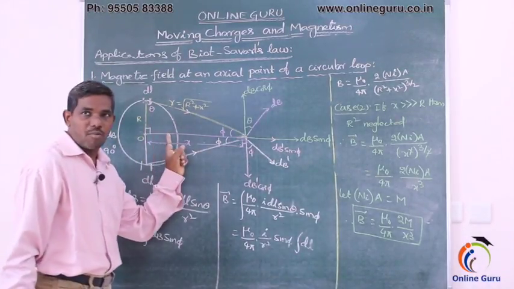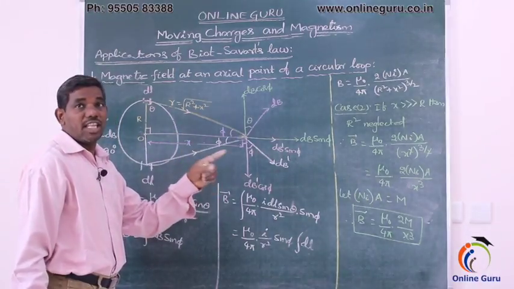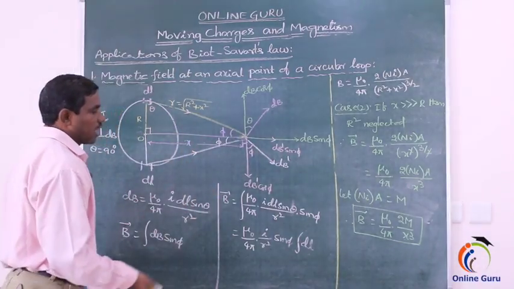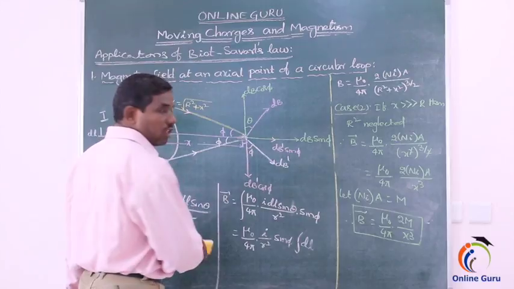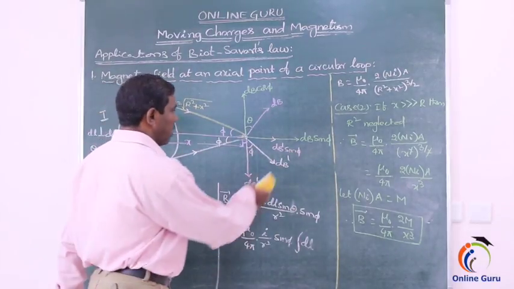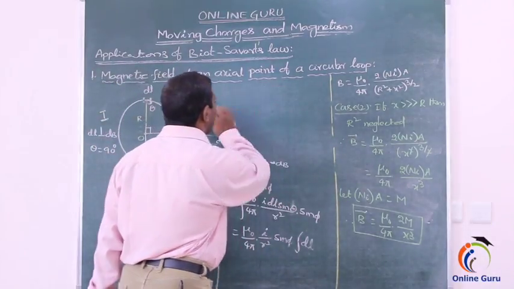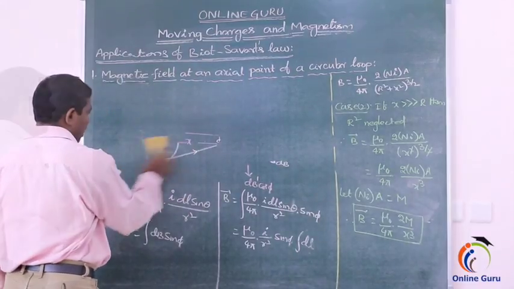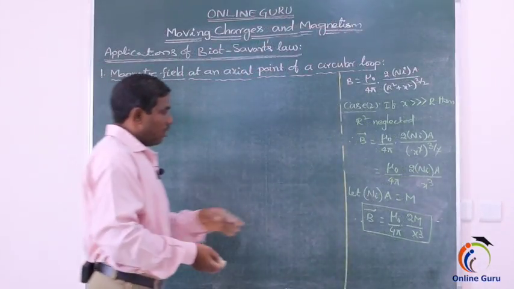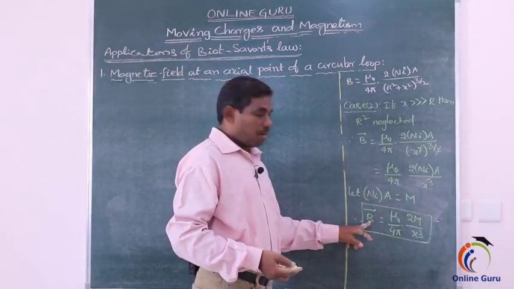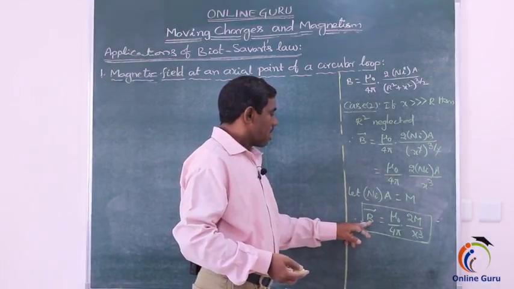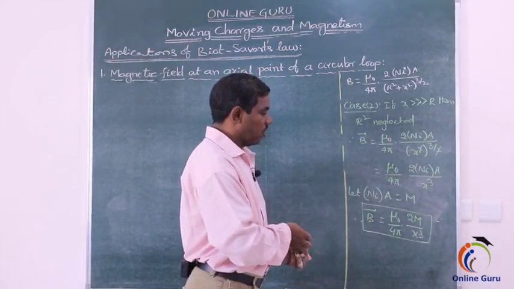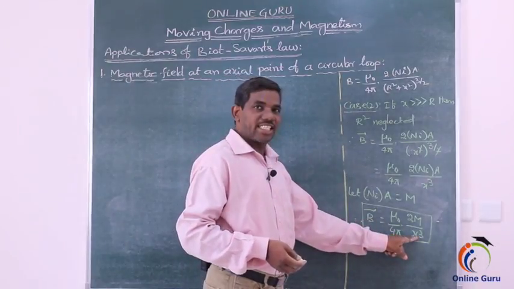We must discuss the poles with respect to the direction of current. Then we can understand the magnetic induction at a point P on the axis of the circular loop, at a distance of x.